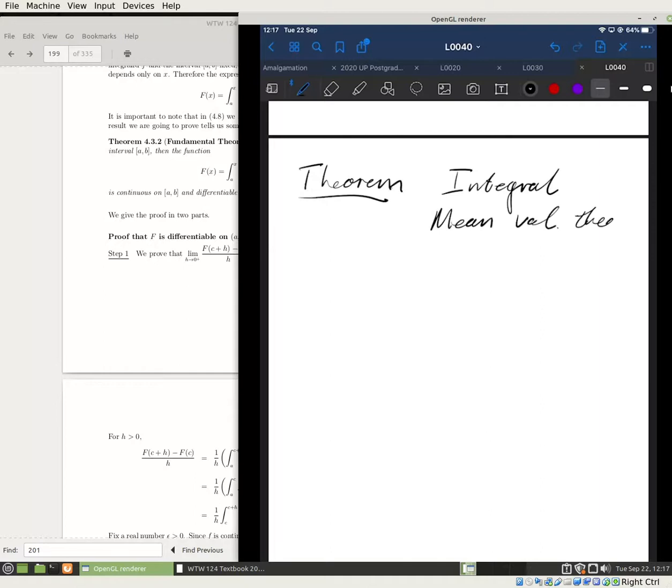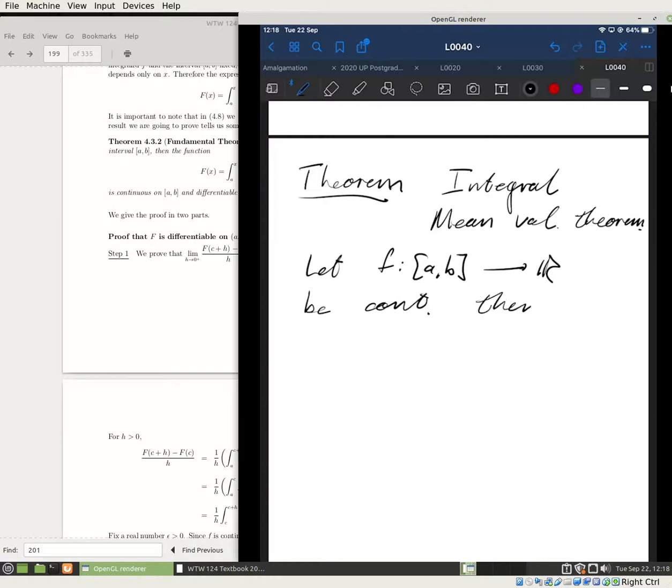And we will actually use the differential mean value theorem to prove this. So let f be defined on a closed interval AB, and let it be continuous.